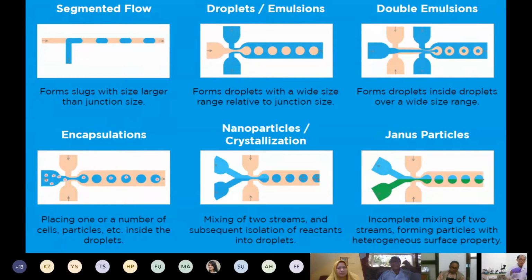So the particle generation can occur inside the droplet, and it's very easy to control the particle size inside the droplets. We can also make very complex particles, like Janus particles, by incomplete mixing of two streams, forming particles with heterogeneous surface properties.